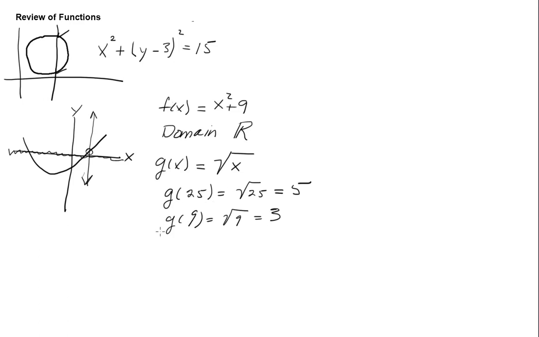So far so good, right? g of negative 4 would be the square root of negative 4, and as a real number, it does not exist. DNE, does not exist.